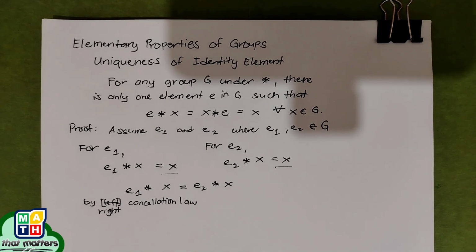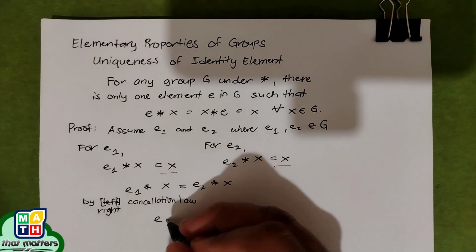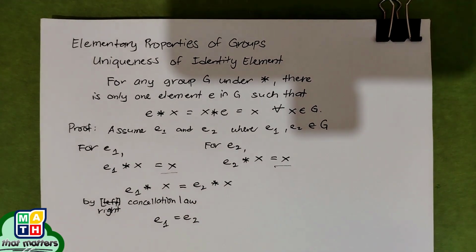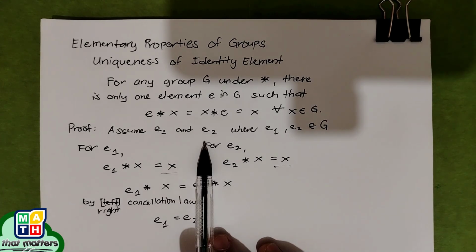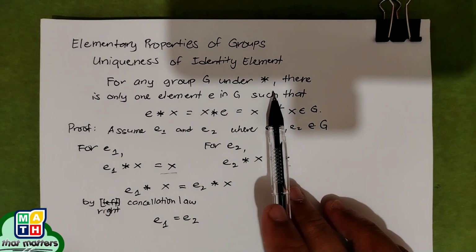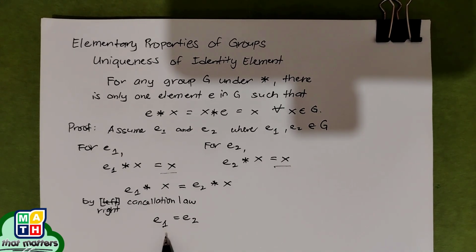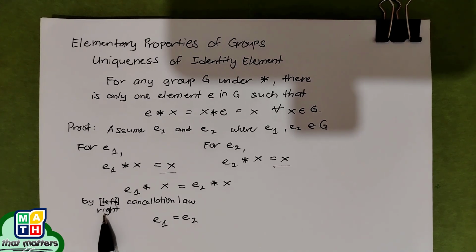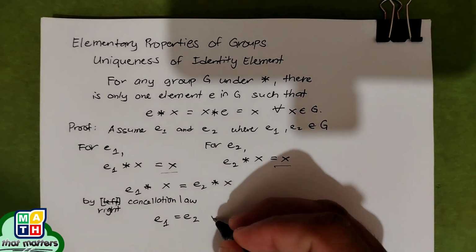The right cancellation law tells us that if we have the same element there, we can simply cancel it and say that e sub 1 is equal to e sub 2. This is the proof that even if we assume there are two of them, e sub 1 and e sub 2, both identity elements of group G under the operation star, they are equal to each other by the right cancellation law. So we have shown this already.